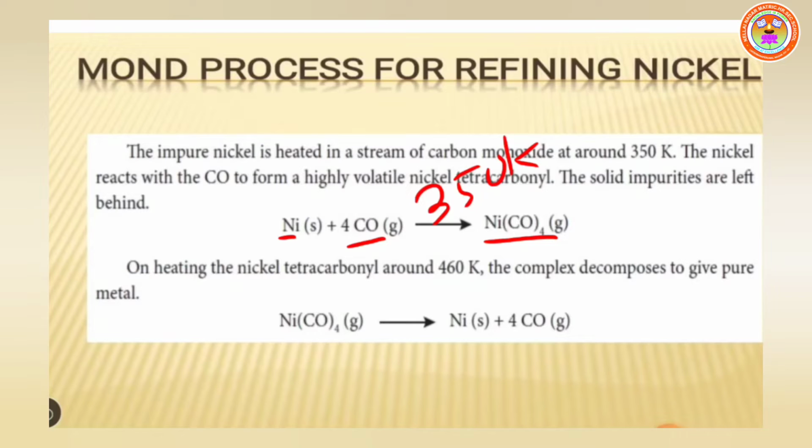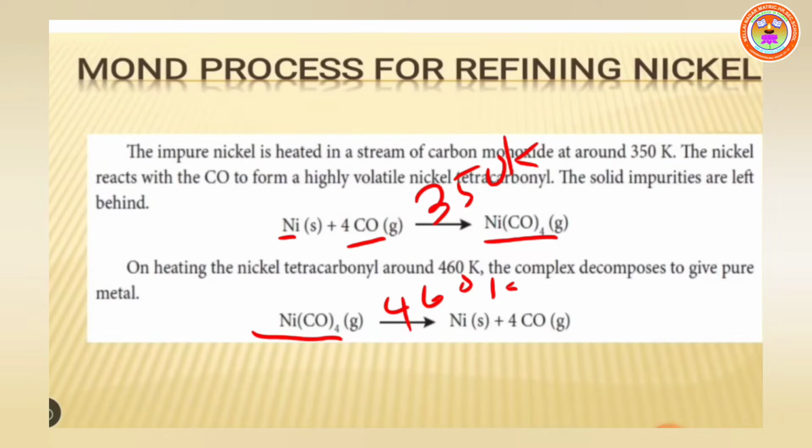In the next step, the nickel tetracarbonyl is heated around 460 Kelvin, meaning it will undergo decomposition and decompose to give pure nickel. So in the Mond process, the nickel metal is refined by the thermal decomposition method.